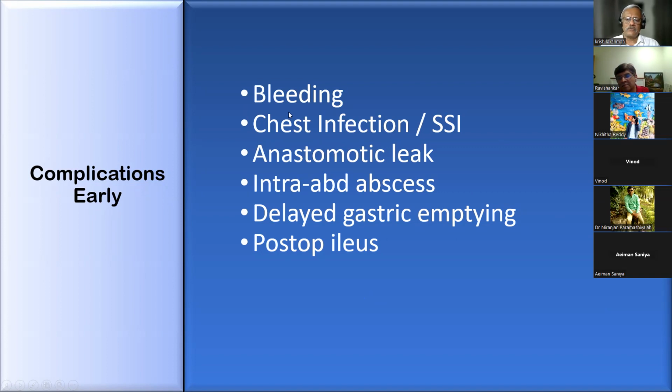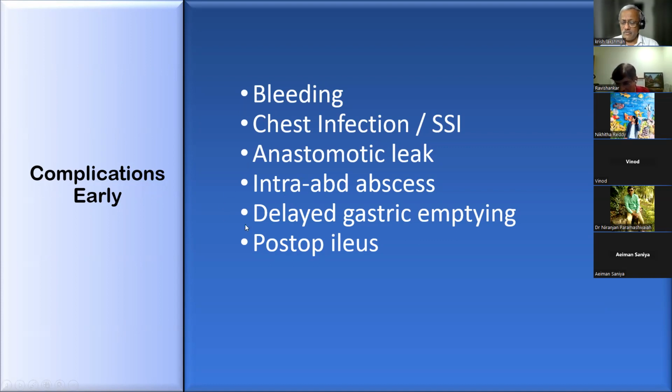Bleeding can be reactionary, as you can understand. It is very important to have pre-op chest optimization and post-op chest physio, particularly after an open gastrectomy. Anastomotic leaks are relatively rare. We worry much more about leaks in colonic surgery than in gastric surgery.